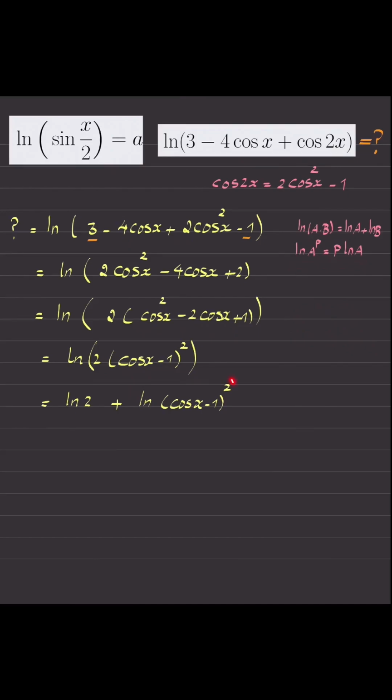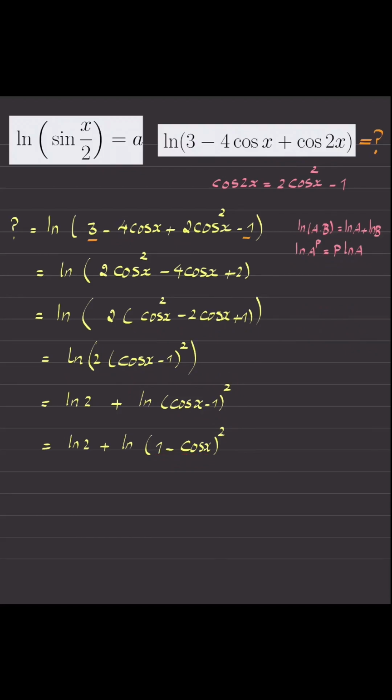However, because of the even power, I can write it as ln of 2 plus ln of 1 minus cosine x to the power of 2, since cosine x minus 1 squared is the same as 1 minus cosine x squared. Now this is guaranteed to be positive because cosine is at most 1.